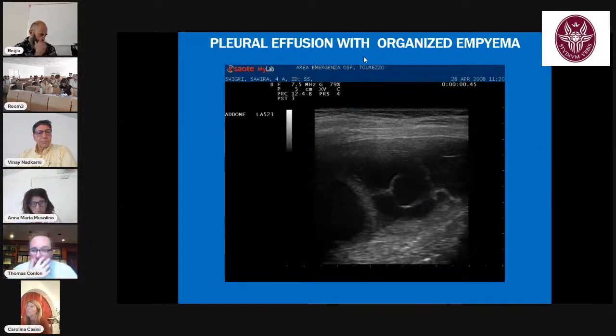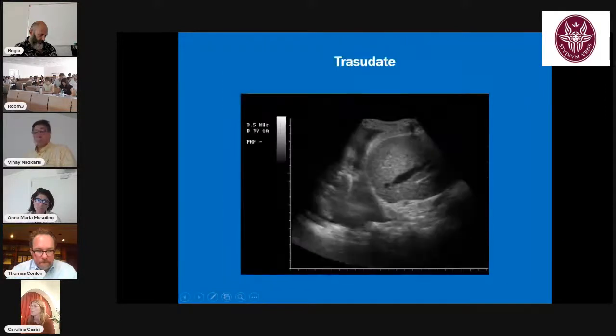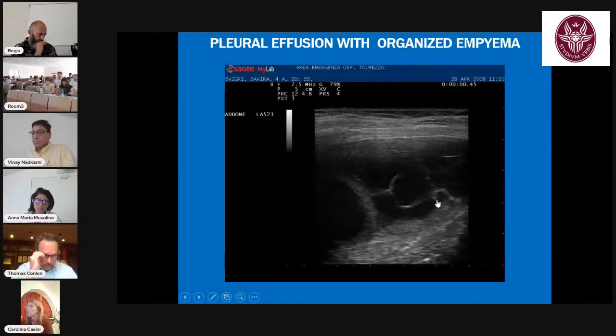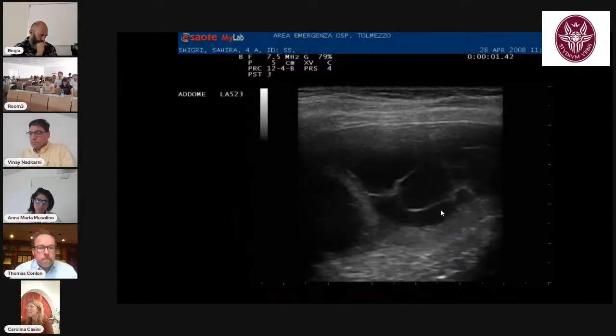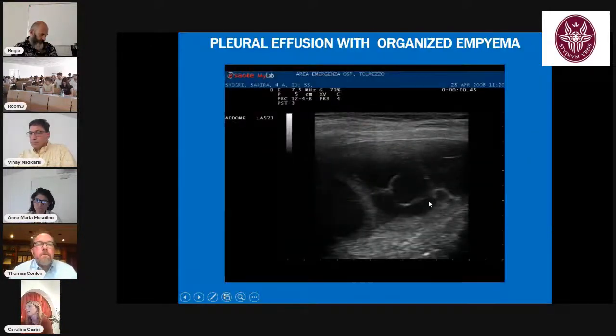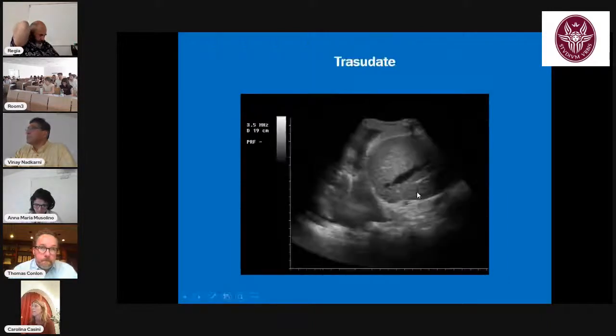And this is very important because when we make the drainage, maybe we cannot drain all the liquid because we find a branch of fibrin, and then it is important to use the probe and the ultrasound to do this drainage. And when there is this sign, it's important to make the drainage very quickly, because it is a rapid evolution with empyema and sepsis.